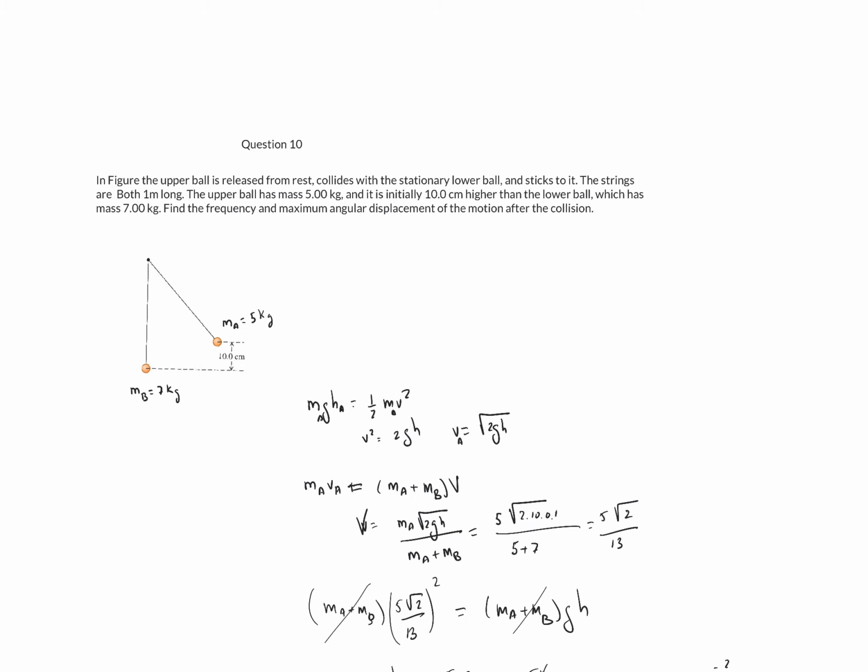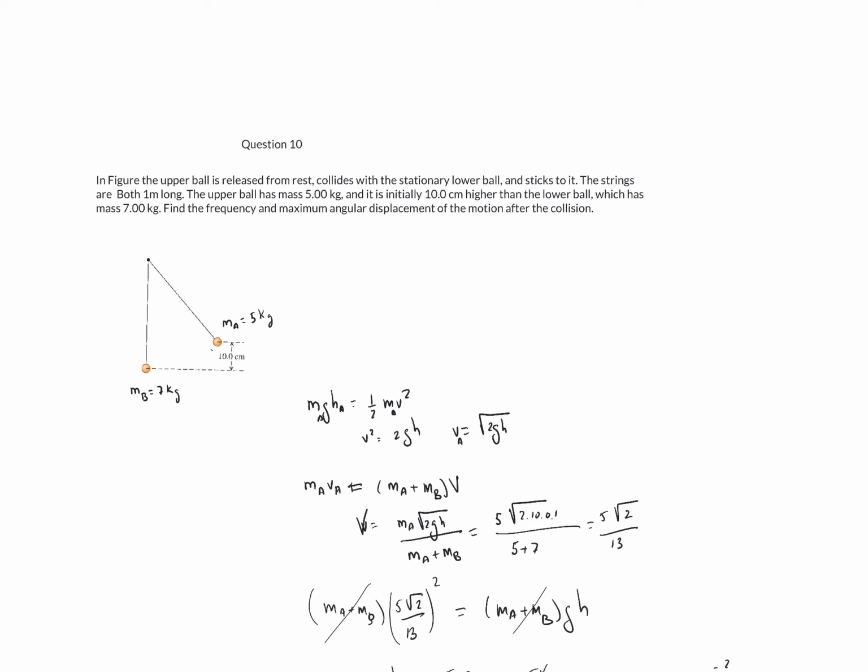And this problem contains a lot of tools that we have to use to solve the problem. In the first step, if you read the statement of the problem, this mass, MA, we are going to apply conservation of energy to find the velocity of the mass MA just before the collision.